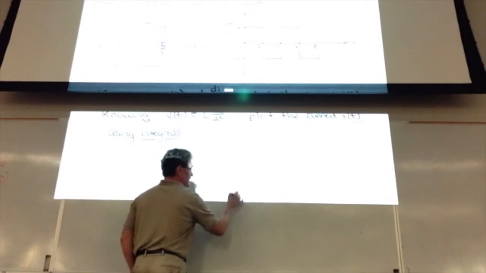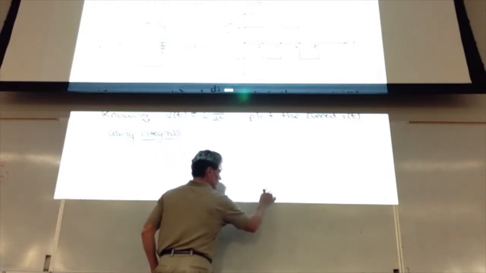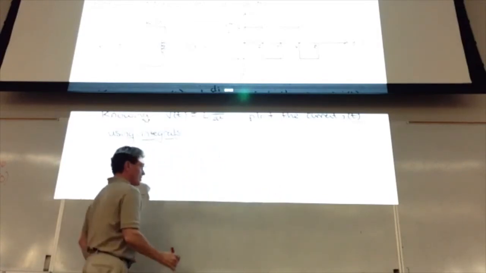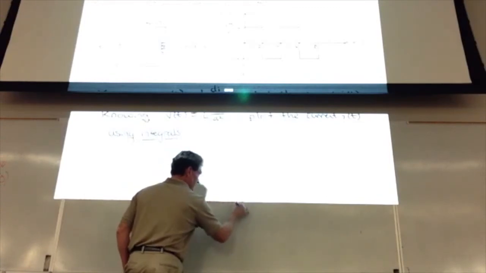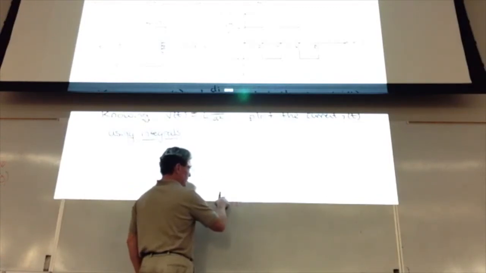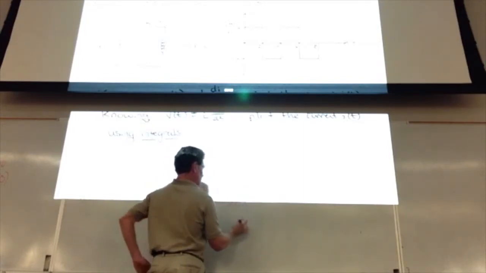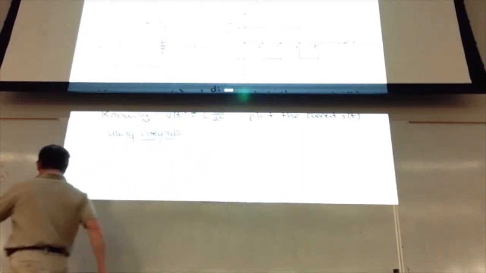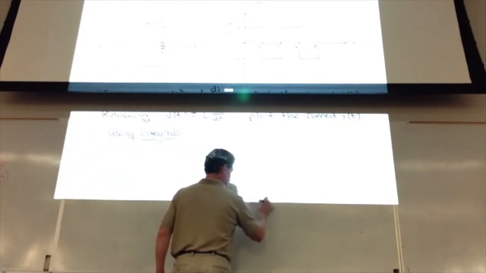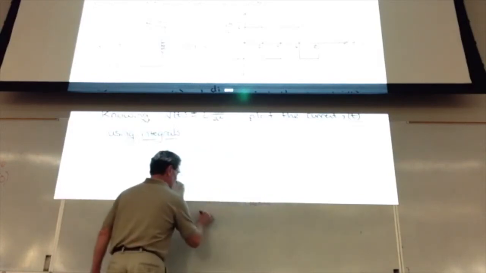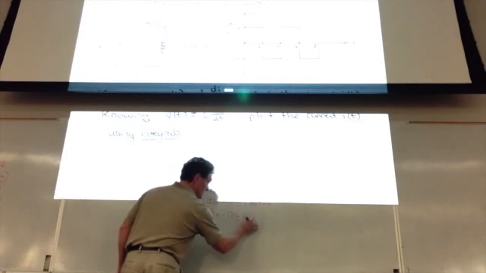This is minus 18 times t minus 2 plus 36. So I of t is equal to minus 18t plus 36 plus 36, right? So therefore, I of t is equal to minus 18t plus 72.